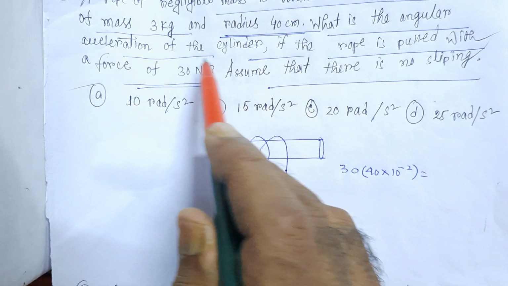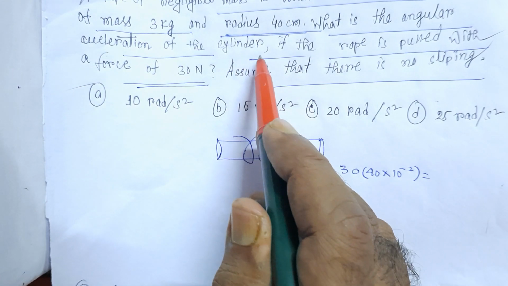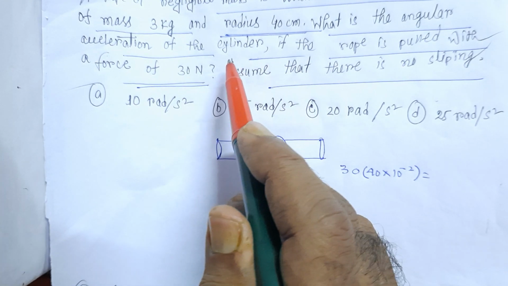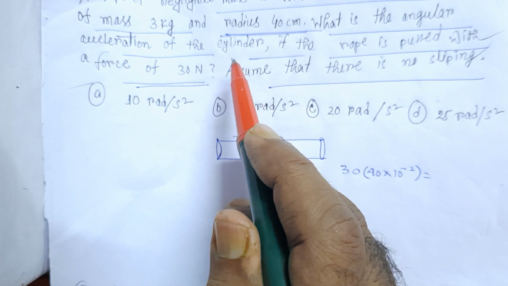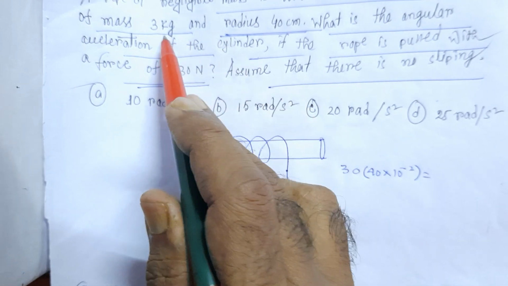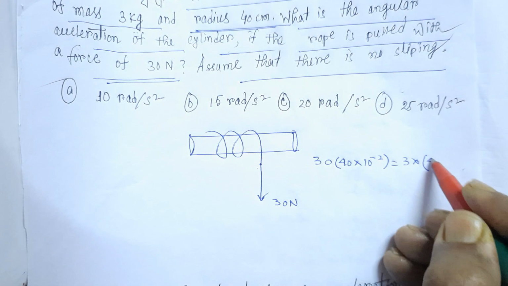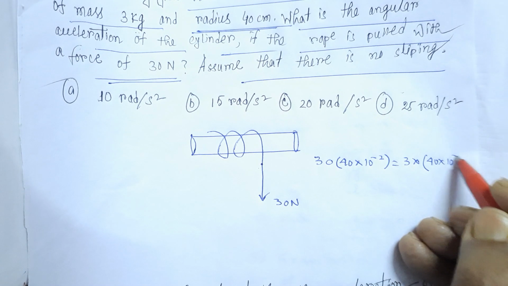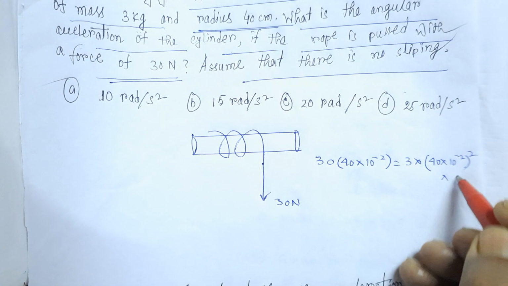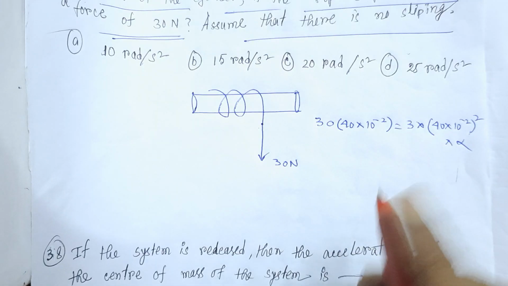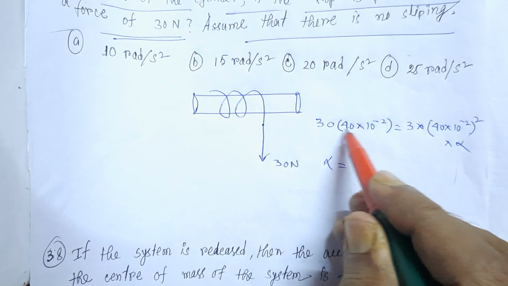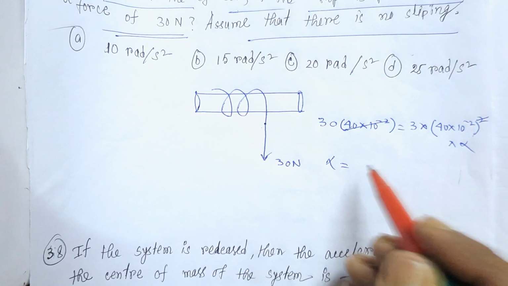What is the angular acceleration? We need angular acceleration alpha, and for a hollow cylinder I is mr square. Mass is 3 kg, so m is 3 kg, r is 40 into 10 to the power minus 2 whole square, into alpha. So alpha equals what? 40 into 10 to the power minus 2 being cancelled out.